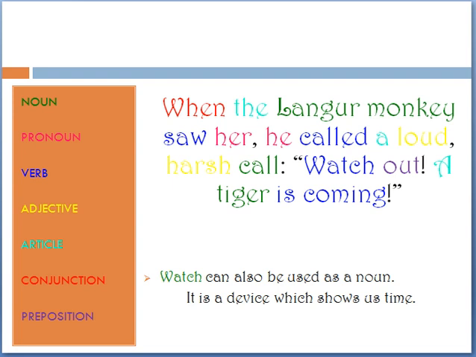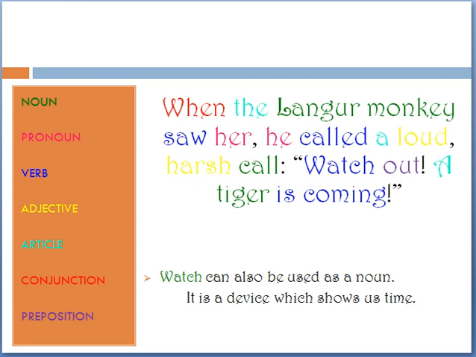Suppose the first word, when, is written in red. Now try to find out in this list which part of speech is written in red. It is conjunction. That means when is a conjunction. So we will color match it and try to identify which word is which part of speech.